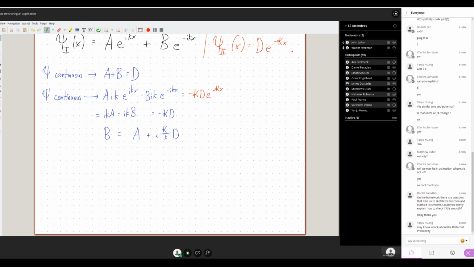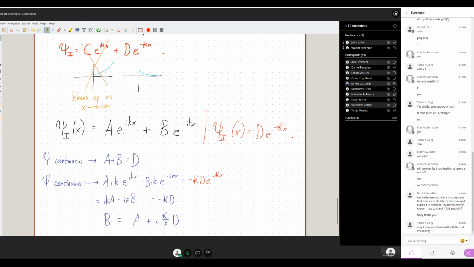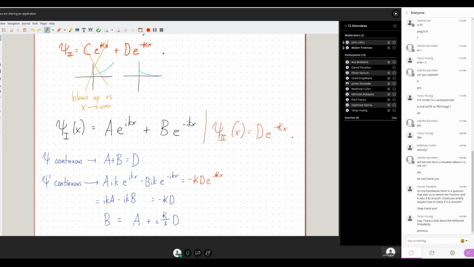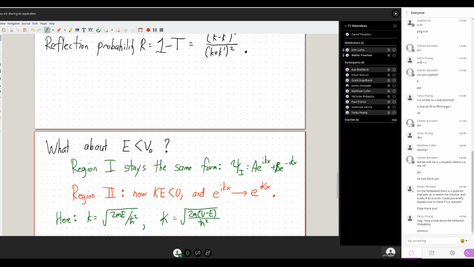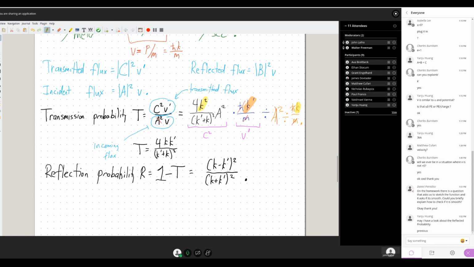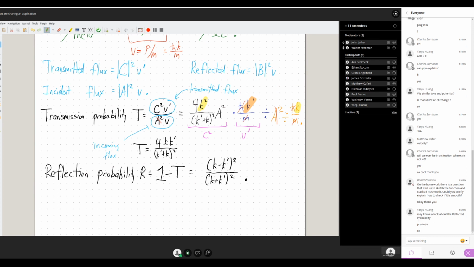May you have a look at the reflected probability. For this one or the previous one, Yanju? The previous one. Yes, this one. So I didn't do the algebra here.